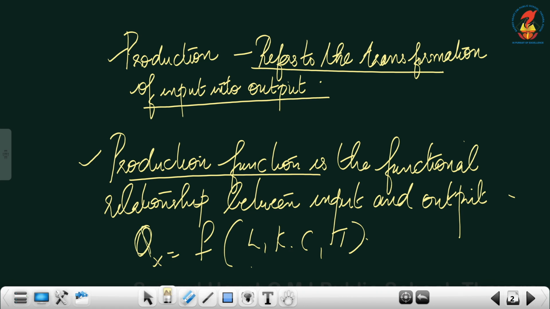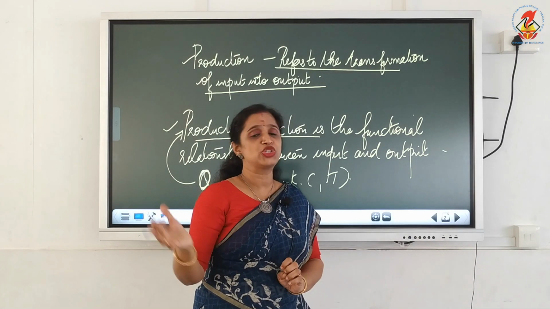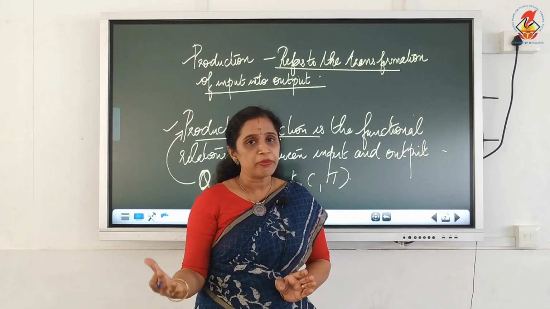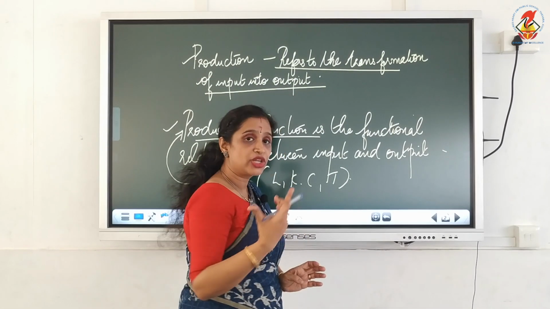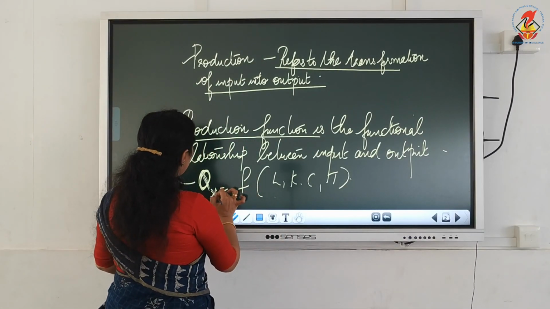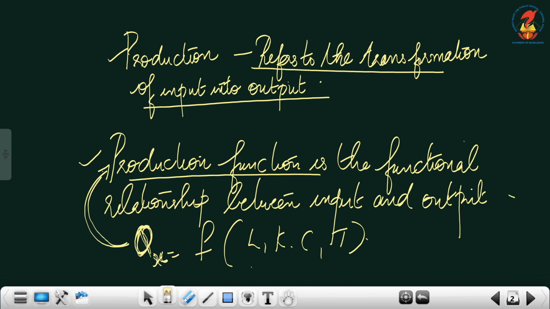Production Qx is represented as the production function here. In different textbooks it is used in different ways. Sometimes it can be used as Px. That doesn't matter, we can use either Qx or Px. In your textbook it is used as Qx.